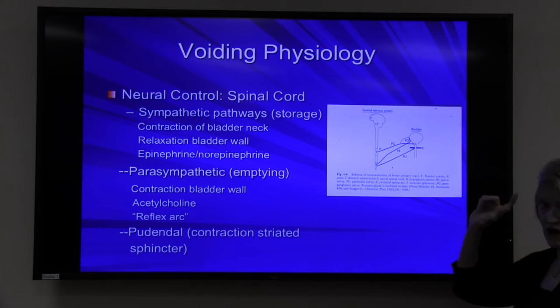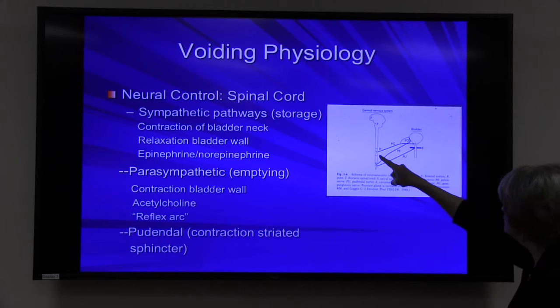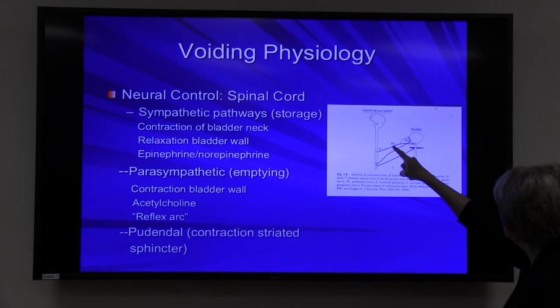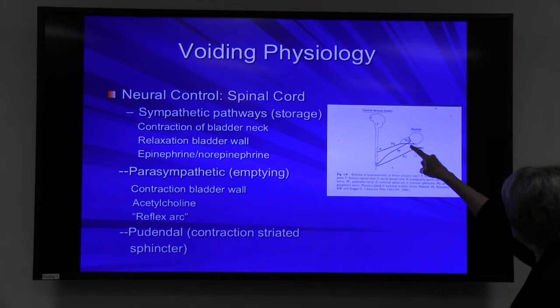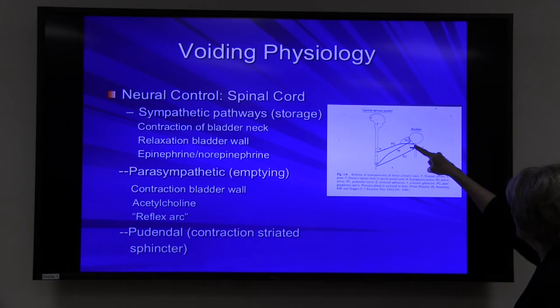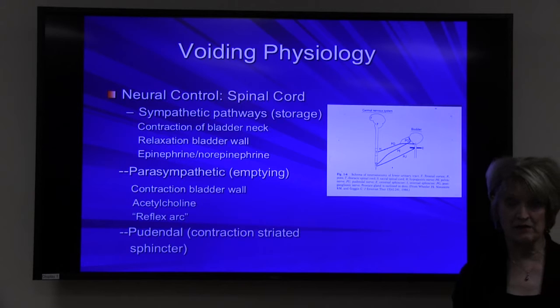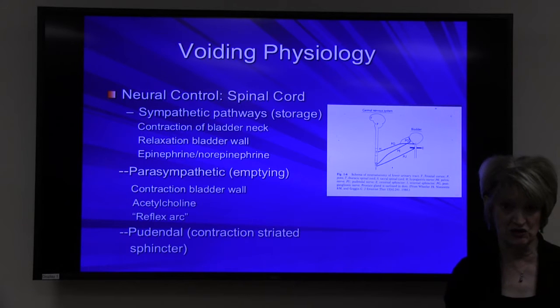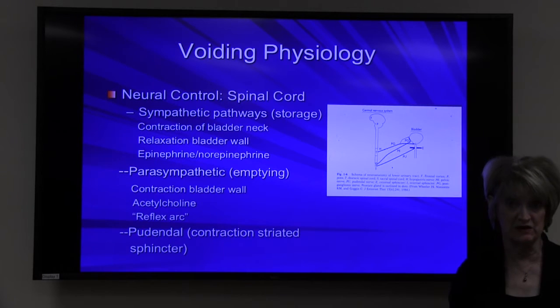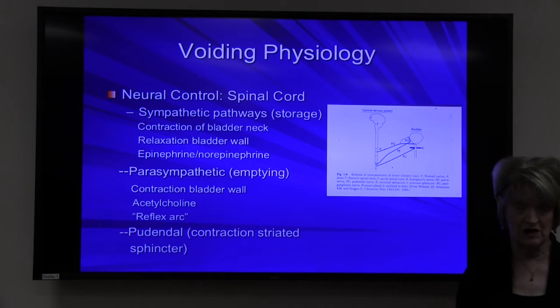I don't want you to get lost in all the details, but when you follow this pathway out, the primary innervation is at the level of the bladder neck. Secondary innervation is at the level of the bladder wall. And what did we say happens with sympathetic stimulation? Sympathetic stimulation causes bladder wall relaxation and bladder neck contraction.